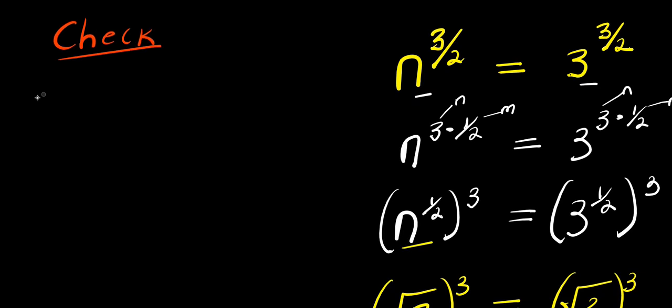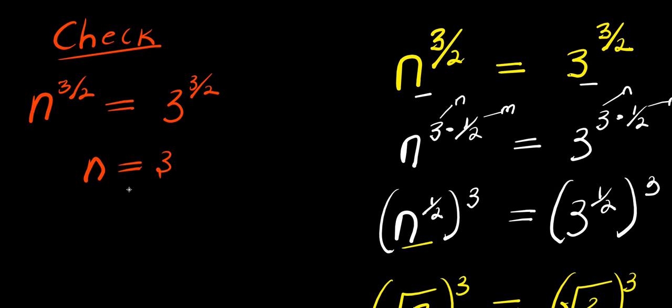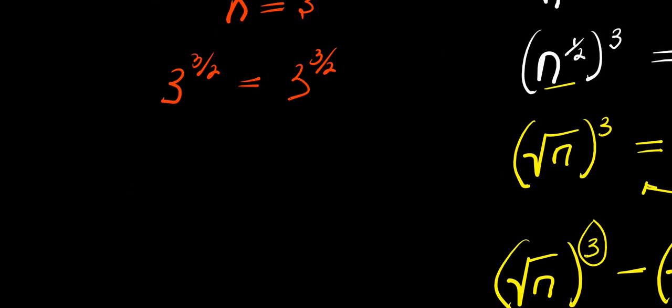Have check as n power 3 over 2 equals 3 power 3 over 2 and n equals 3. So we have 3 power 3 over 2 equals 3 power 3 over 2.